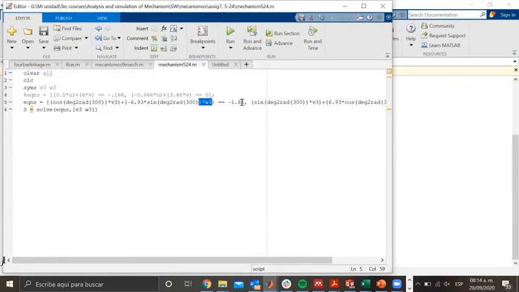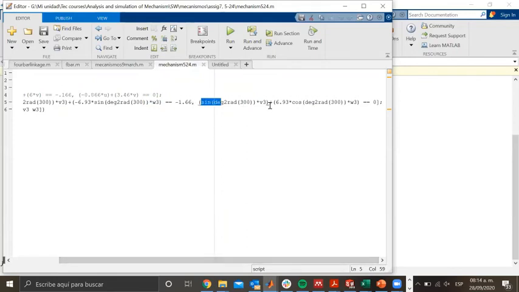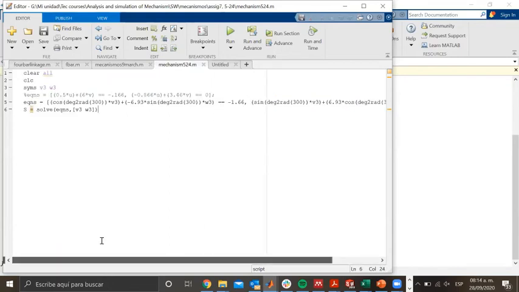That should be the first equation, the one acting horizontally. And then the second equation is sine of 300 times B3, plus 6.93 times the cosine times omega 3, equal to 0. Those are the two equations, right? And I can solve that.